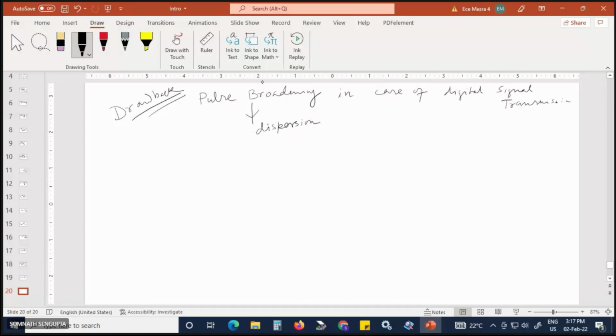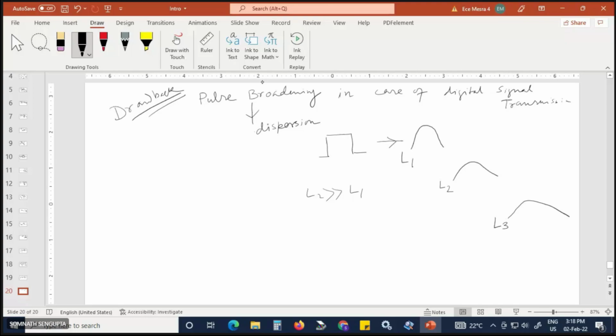What is pulse broadening? Suppose you transmit a square wave. Generally the square wave becomes a Gaussian kind of pulse while propagating. Say this is at distance L1, at distance L2, which is very much higher than L1, it gets slightly broadened. Then at L3, another distance, it may be totally broadened.